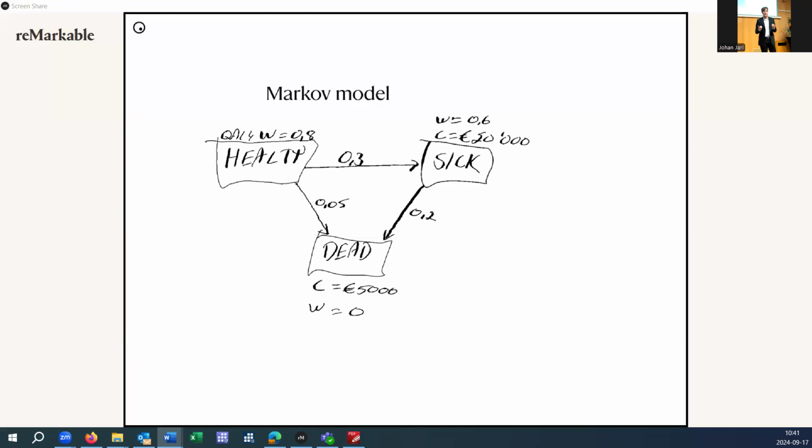In the first cycle, we have 30 individuals that are sick or becoming sick. And each of those contribute with a cost of 20,000, which then gives us 30 times 20,000.